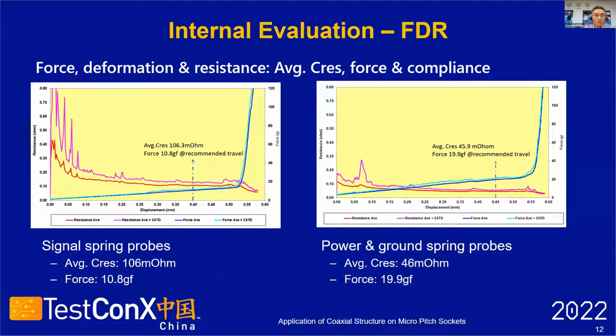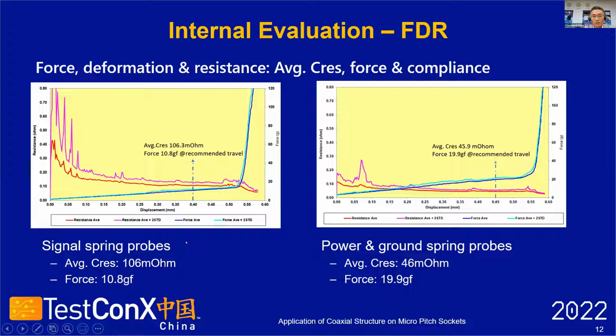For the spring probe electrical performance, FDR, force deformation resistance: you can see from both charts, the single spring probe average resistance is about 106 milliohms, with test force 10.8 grams.